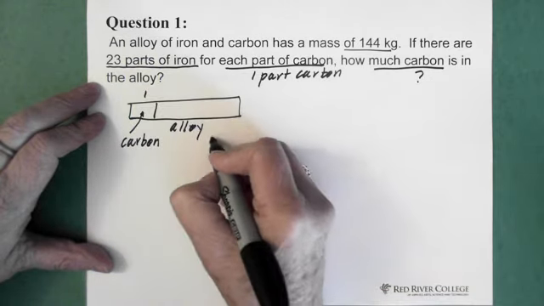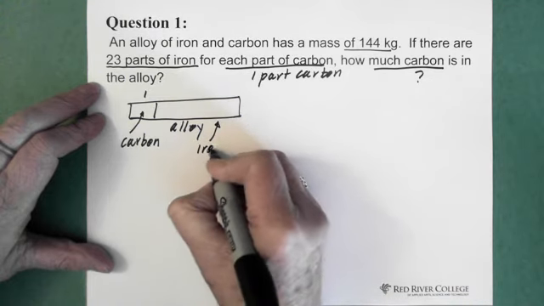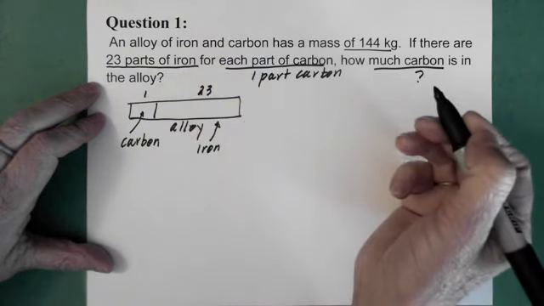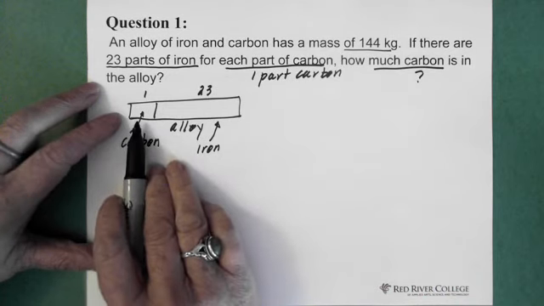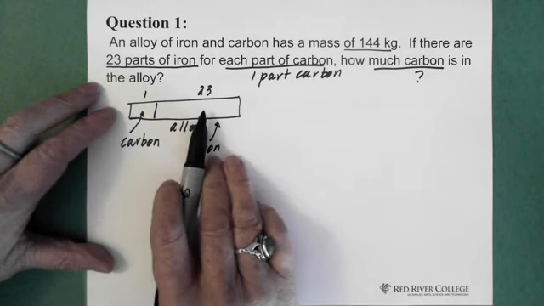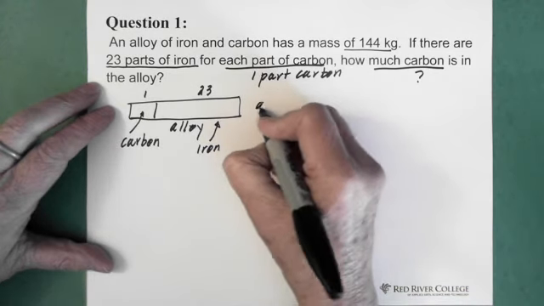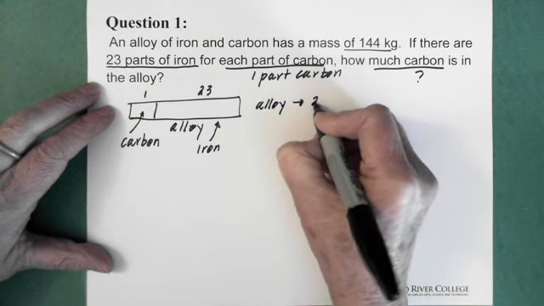And the rest of it is the iron, and that is 23 parts. So if 1 part is carbon and 23 parts is iron, then the alloy must be 24 parts.